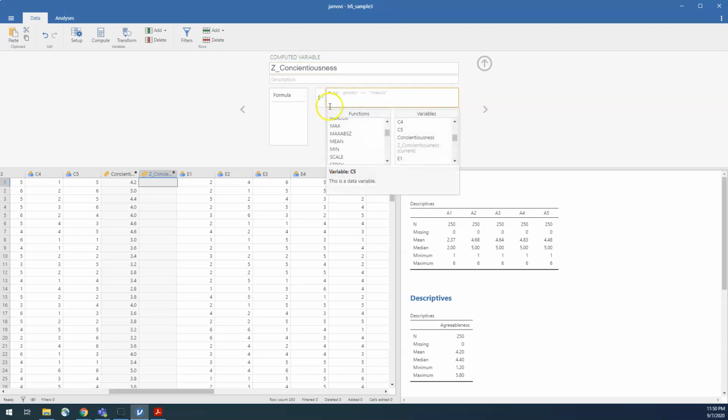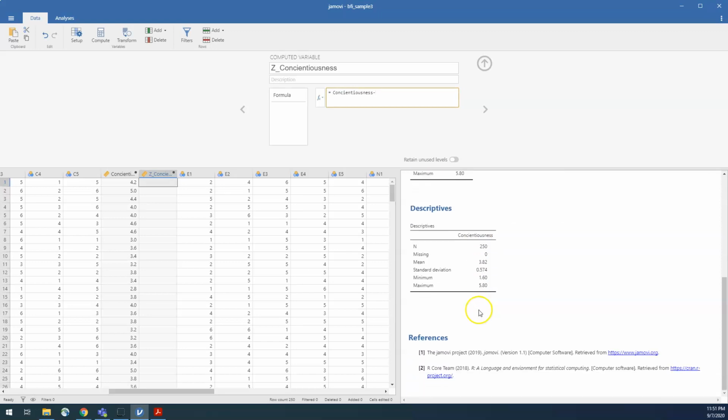I'm going to, again, drop down my functions, insert the conscientiousness variable, and subtract from it the mean, which was, as we just computed, down here 3.82, and I'm going to put that in parentheses so that we can divide the whole thing by the standard deviation, 0.574.